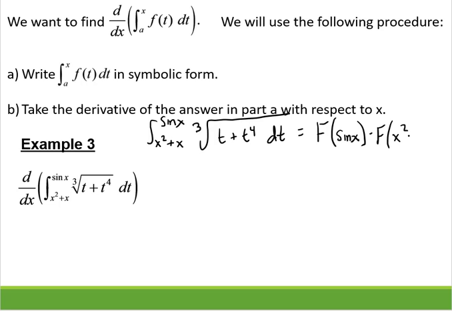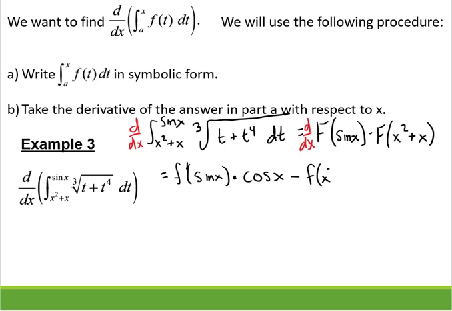So now when I take the derivative with respect to x, I have small f of the sine of x times the derivative of the inside, minus small f of that function times the derivative of the inside, which is 2x plus 1.